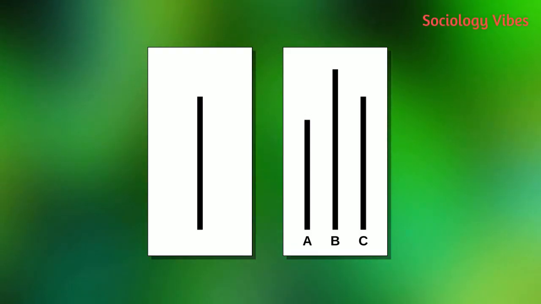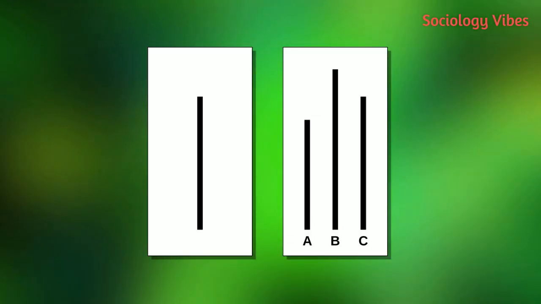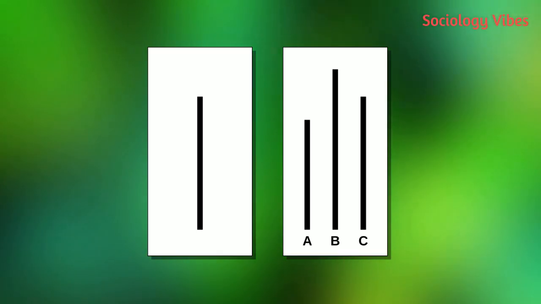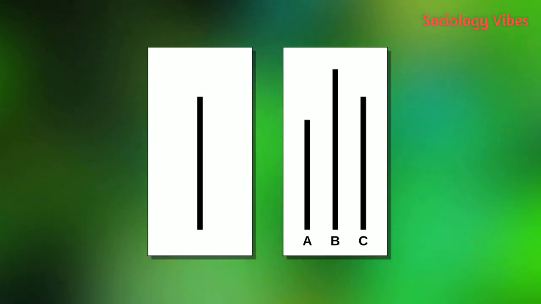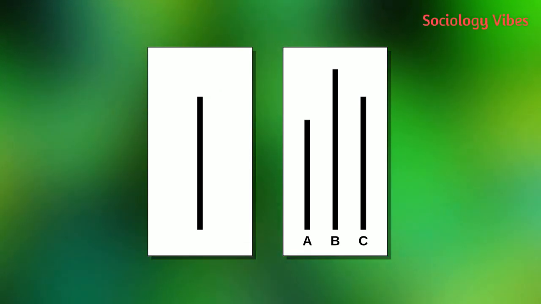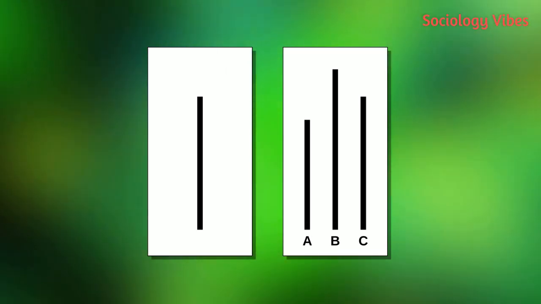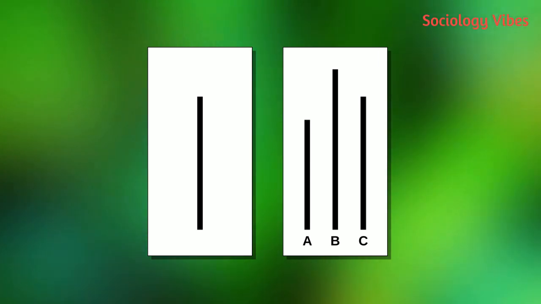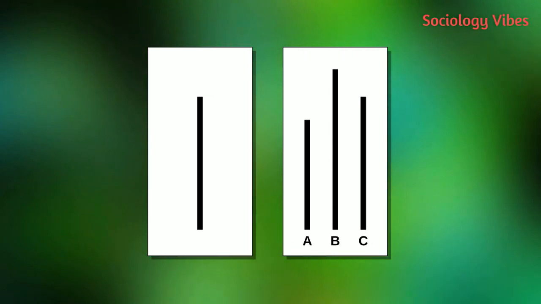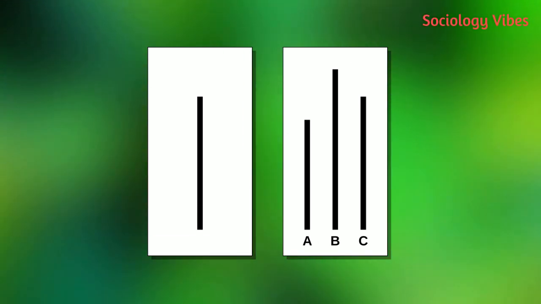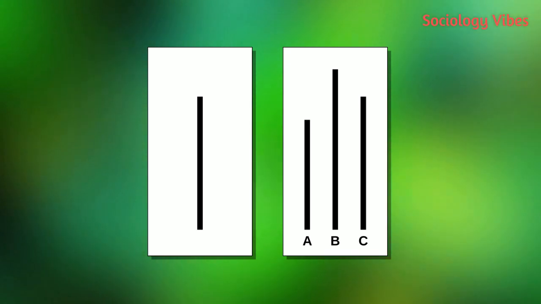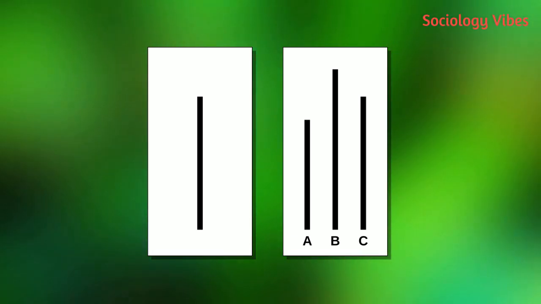All 8 of the participants were shown a card with 1 line and a second card with 3 lines of different lengths marked A, B, and C. All of the participants were asked which one of the 3 lines marked A, B, or C was equal to the length of the line on the first card.